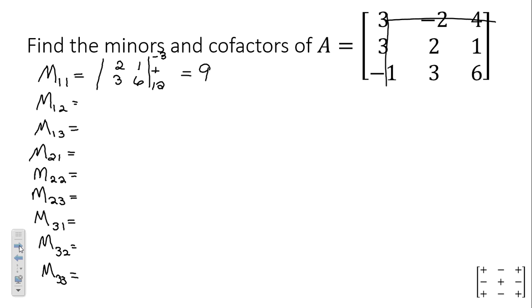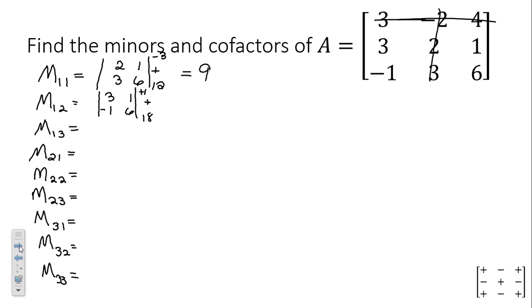Okay. The minor of row 1, column 2 means we remove row 1 and column 2 and we rewrite our matrix, and find the determinant of it. So downward diagonal, 18, upward diagonal, -1.